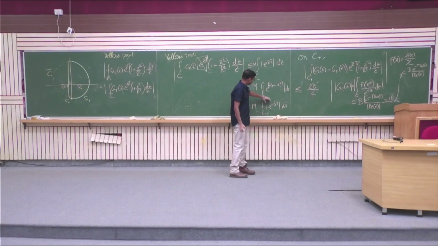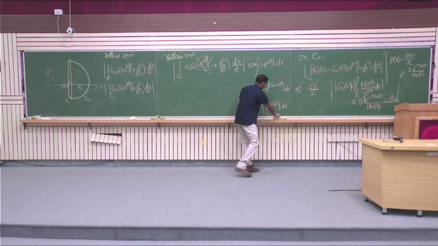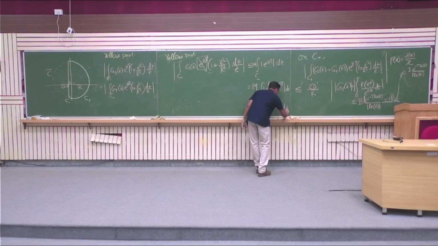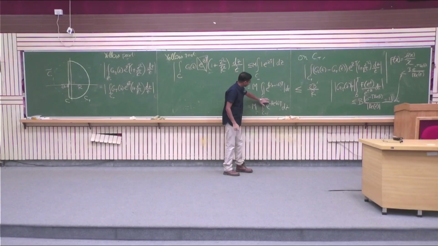This is basically the real part of z, of course. Not minus the real part of z, that is delta, that is minus delta actually.